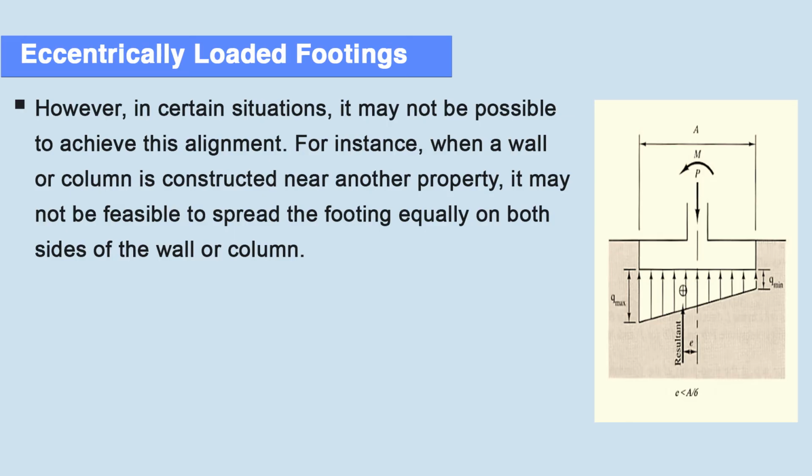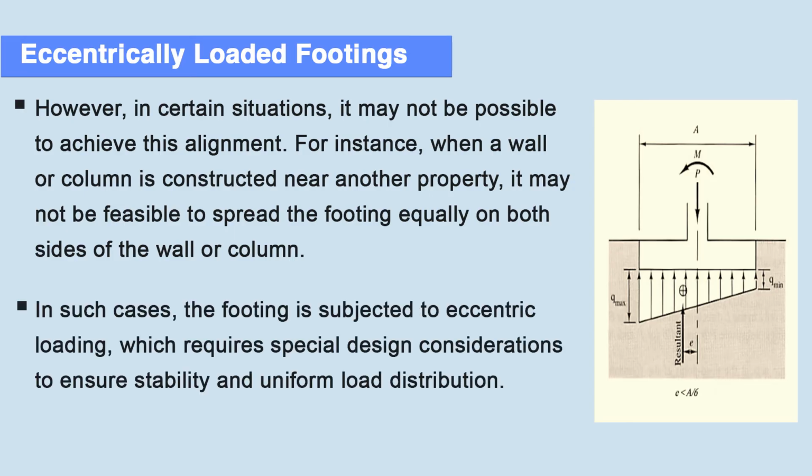For instance, when a wall or a column is constructed near another property, it may not be feasible to spread the footing equally on both sides of the column or the wall. In such cases, the footing is subjected to eccentric loading, which requires special design considerations to ensure stability and uniform load distribution.